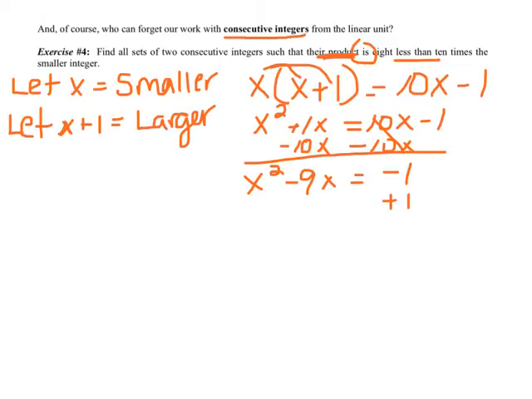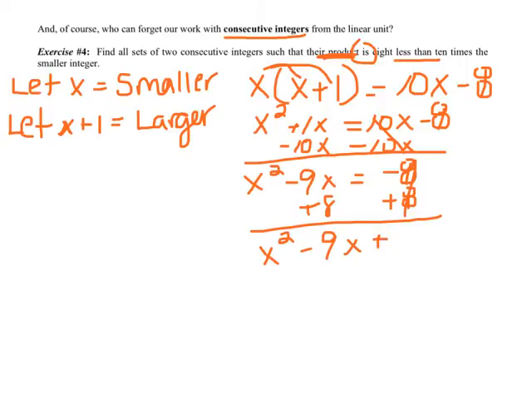Let's add 8 to both sides now. I apologize, I said the wrong number earlier, so we're going to add 8 to both sides. x squared minus 9x plus 8 equals 0.